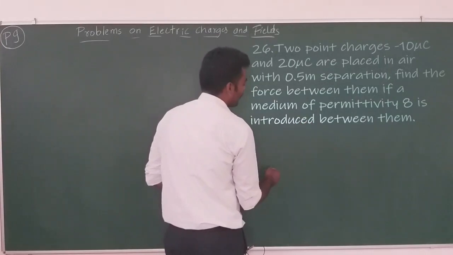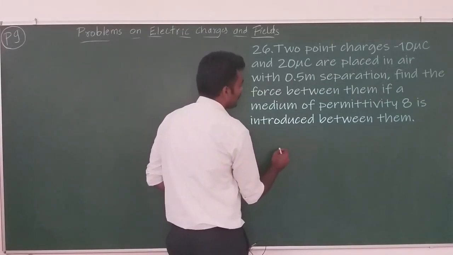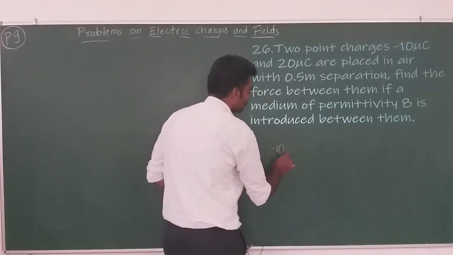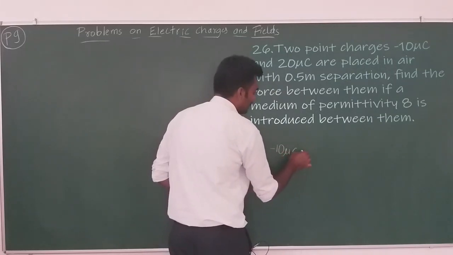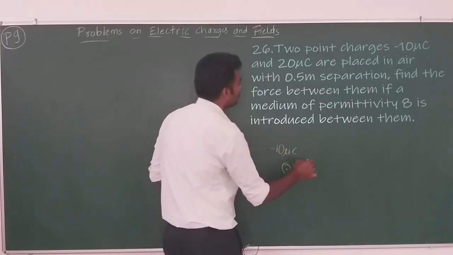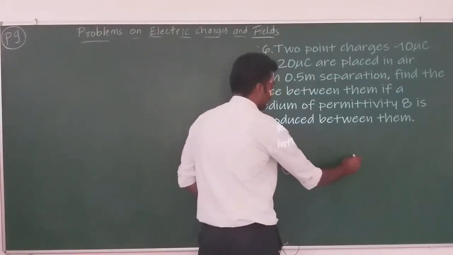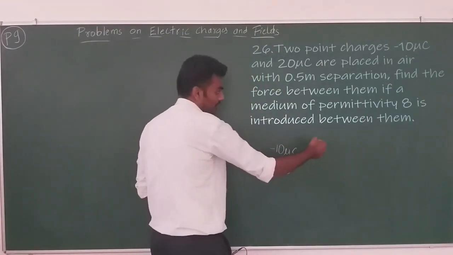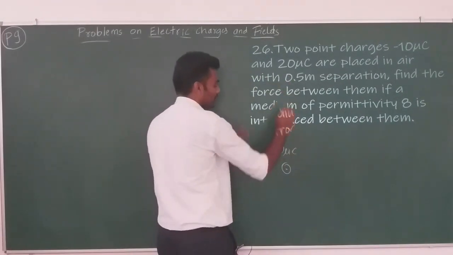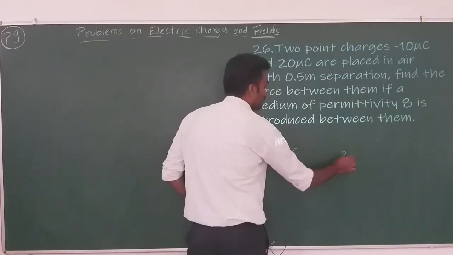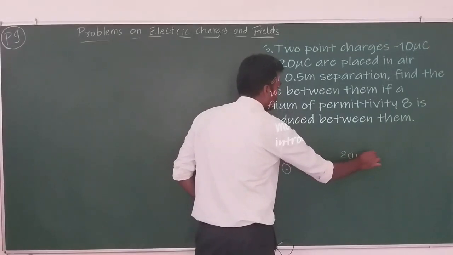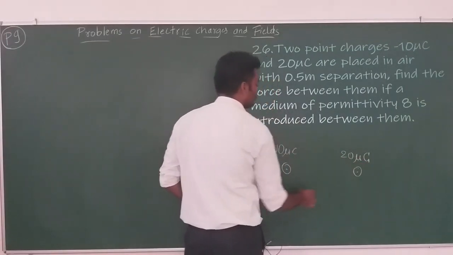There are two point charges, one minus 10 microcoulomb, and the other 20 microcoulomb, whose kind of charge is not given. It's plus itself, since there is no minus sign, so we can consider it as plus.